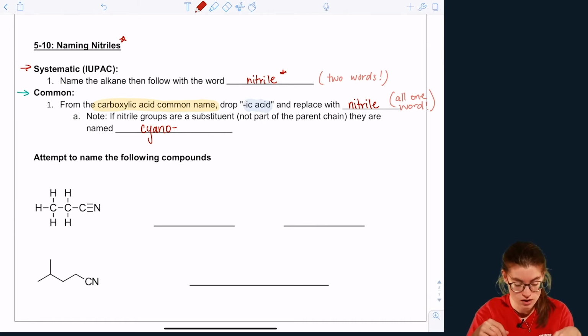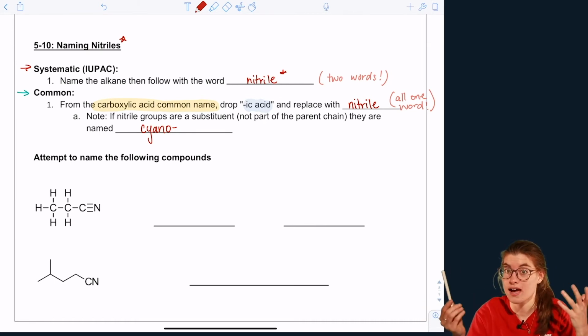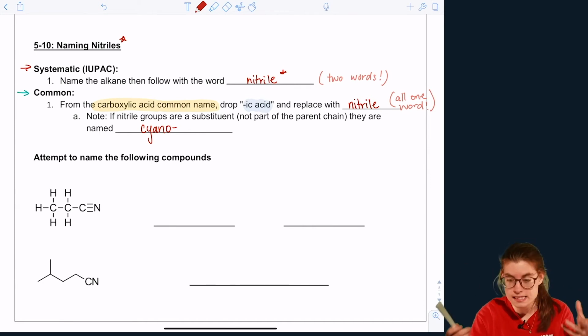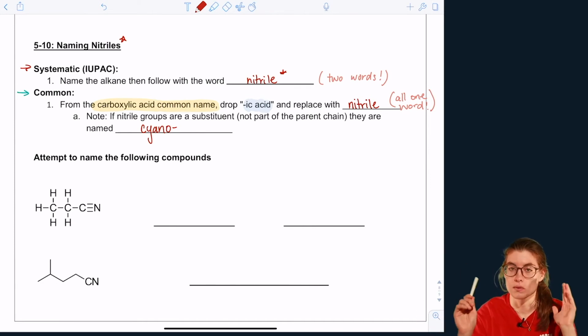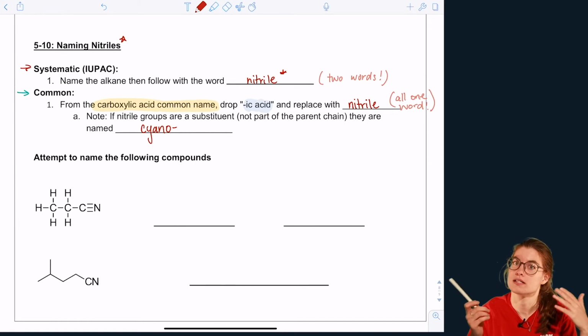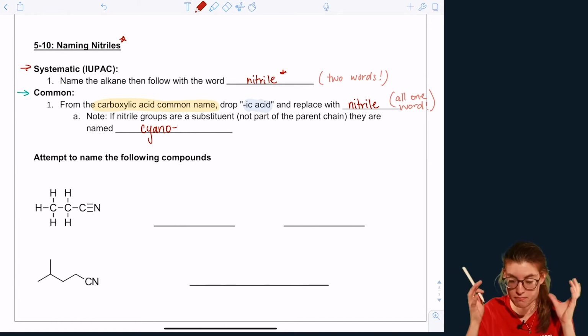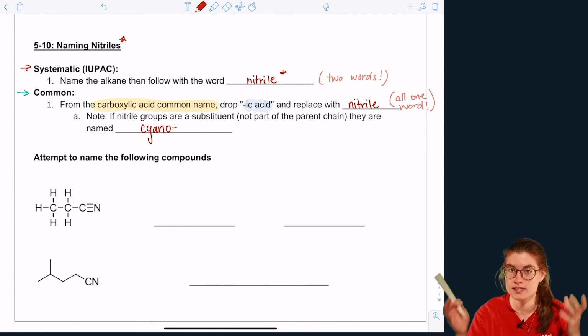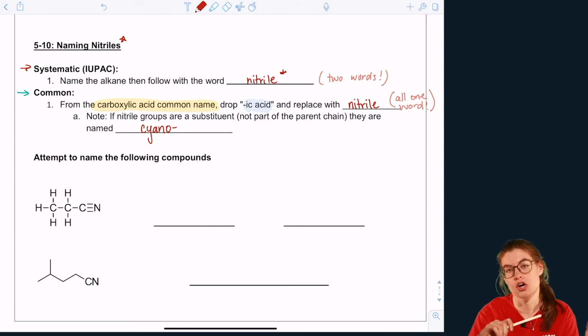Same thing here. If the nitrile group is the highest priority, or it is the parent chain, then we call it a nitrile group. But if it's not the parent, then we just call it a cyano substituent.